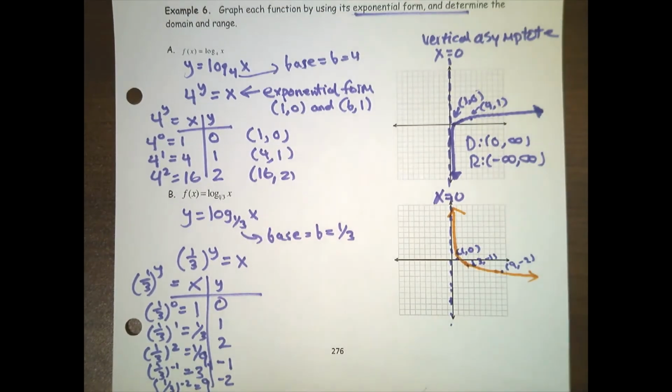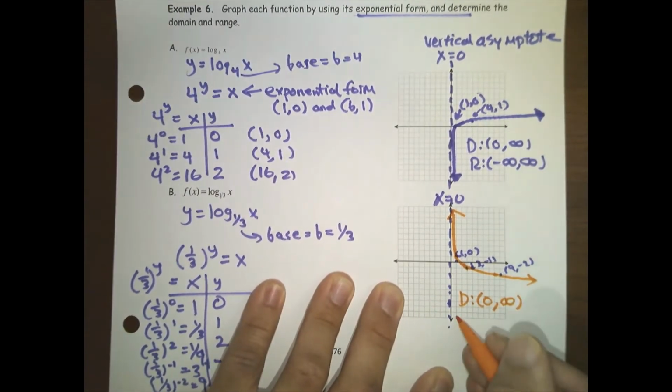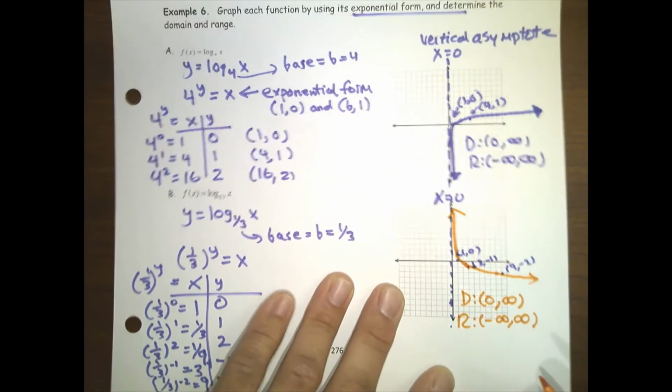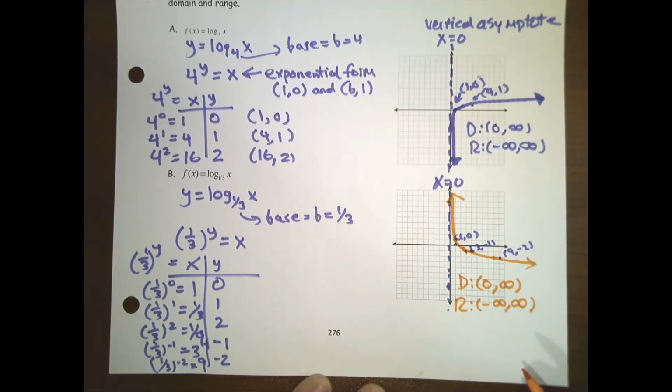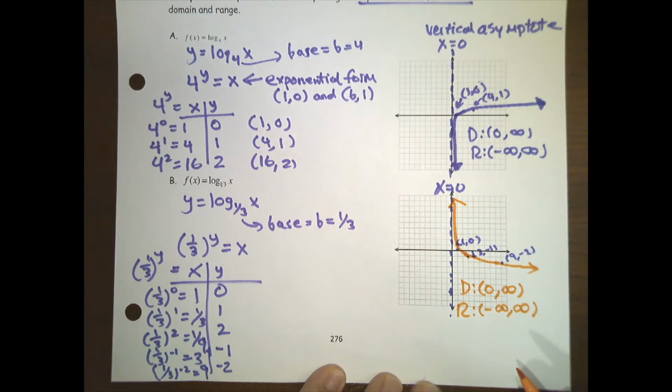Again, the domain is going to be 0 to infinity, and the range is negative infinity to infinity. So just the exact opposite of what we talked about for the exponential function, because of course, as I mentioned, these are inverses.